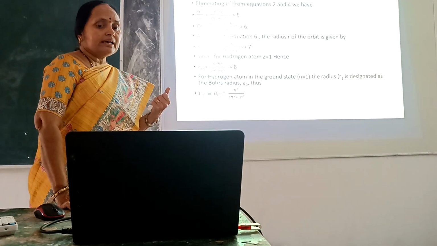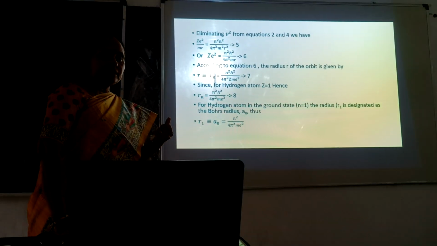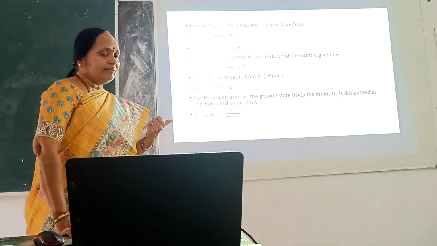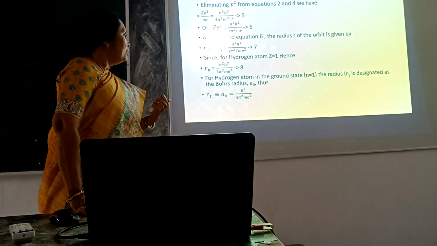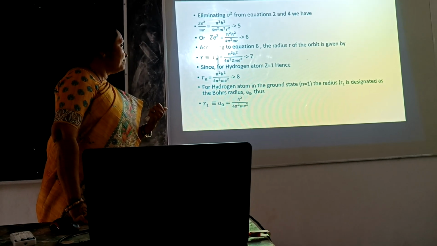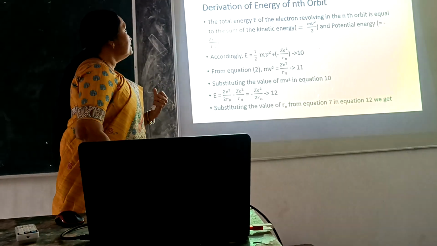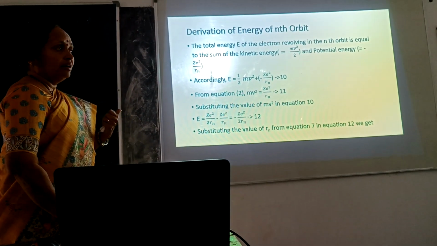Now for the hydrogen atom in the ground state, r1 will be equal to a0, that is h squared by 4 pi squared m e squared. This was all about the radius.